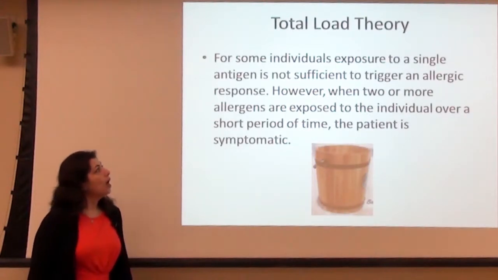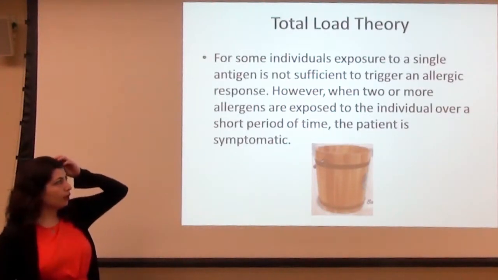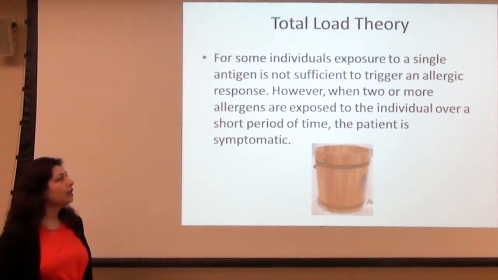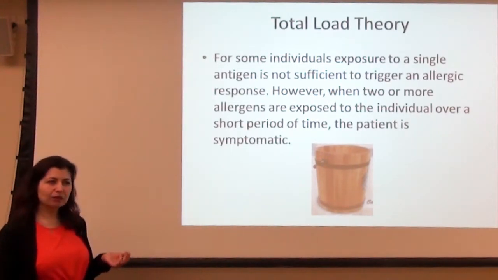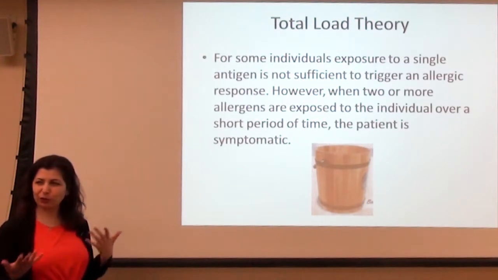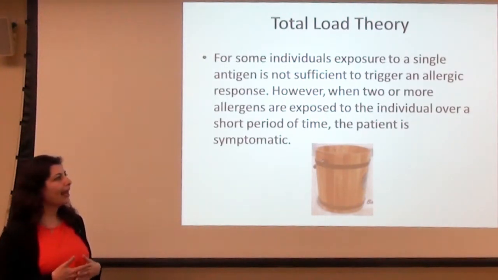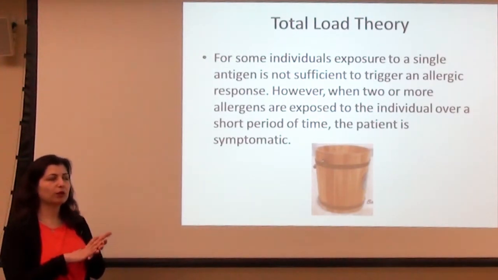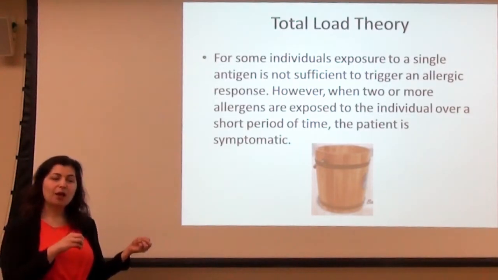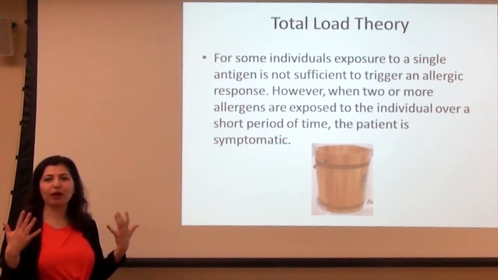Okay, so I put this bucket here, and I want you guys to start thinking about the term total load, in that sometimes we might have mild reactions to food that you notice once in a while. You can eat it and you're okay, but other times it's a problem, and you don't see a consistent response, and it may be related to something else. So if you're under a lot of stress at some point, your body may not be able to handle it, but if you're in a better situation, your body has more reserves.